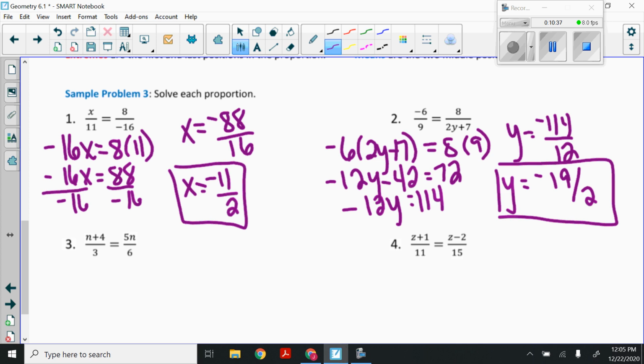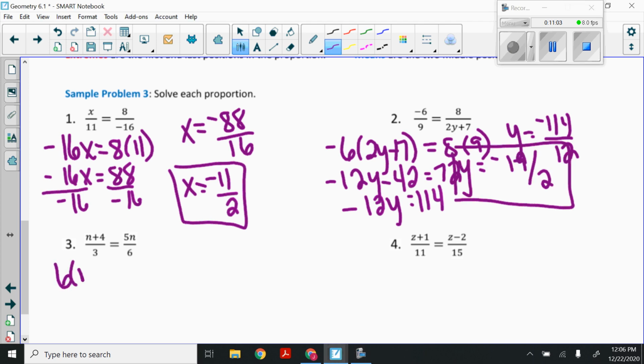Number 3, we have n plus 4 over 3 equals 5n over 6. So we're going to cross multiply, and I get 6 times n plus 4 equals 3 times 5n.